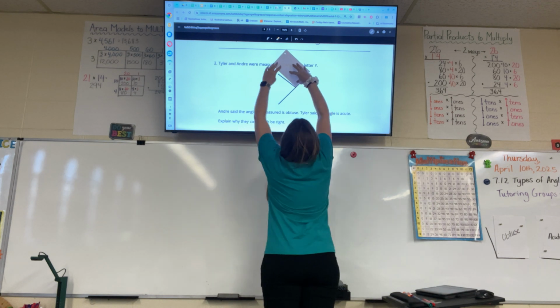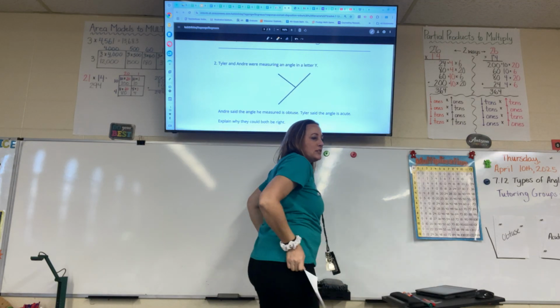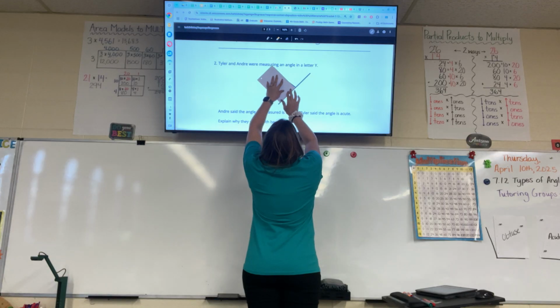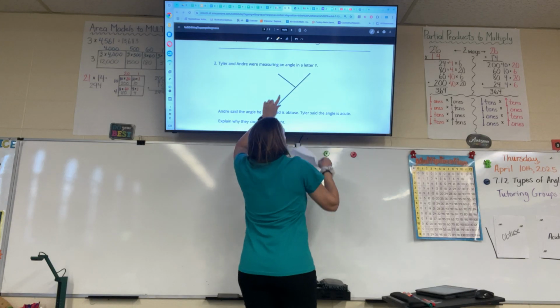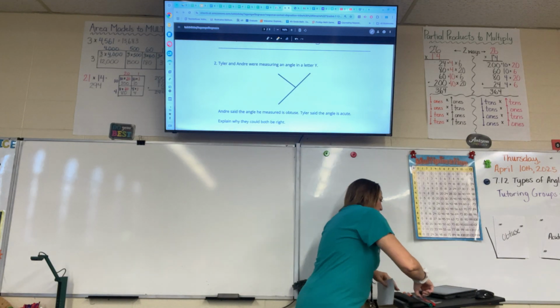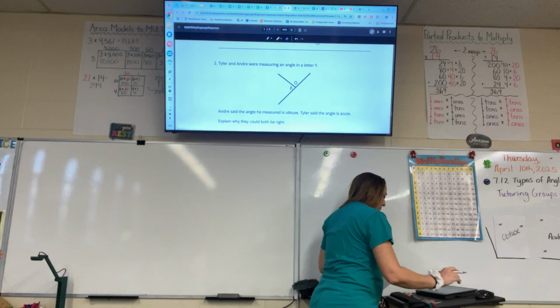So that means the top angle is what? Obtuse. And then if I line it up with the bottom angle, see how one side disappears behind the paper? So that one would be acute. So we're going to write an O right here and an A right here.